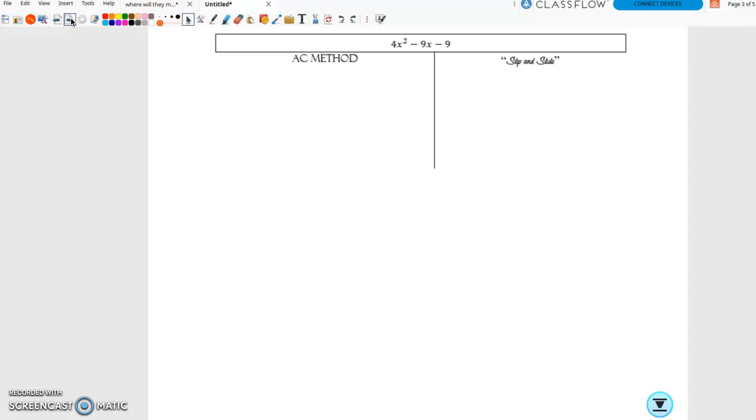Alright, for this first example, we have 4x squared minus 9x minus 9, and we are trying to do both methods. The first thing you have to know when you're doing the AC method or slip and slide is you would need x squared minus 9x minus 36, because you need two numbers that multiply to negative 36 but add to negative 9.